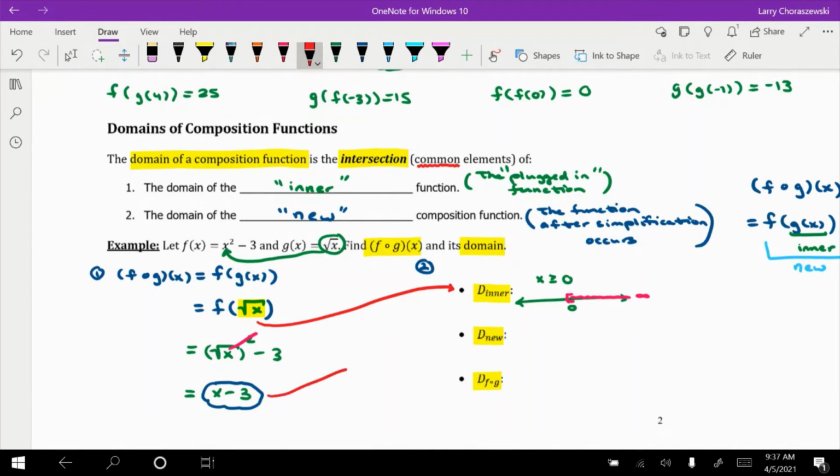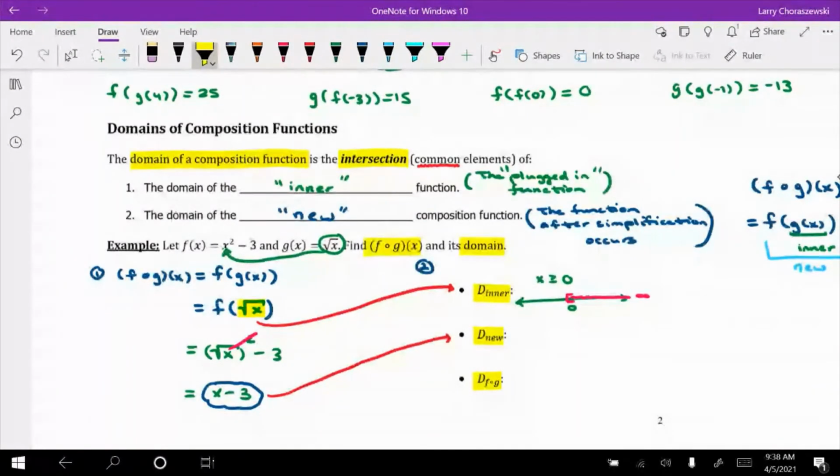Now for d new, we're going to use x minus 3. Now just visually speaking, with x minus 3, you'll see that there's no division by 0 possible. And because we got rid of the power of 2, with x minus 3, at face value, we wouldn't have to worry about square roots of negatives. That would be the case if we weren't forming a composition. But as you're going to see with the intersection, we do have to worry about negatives still.